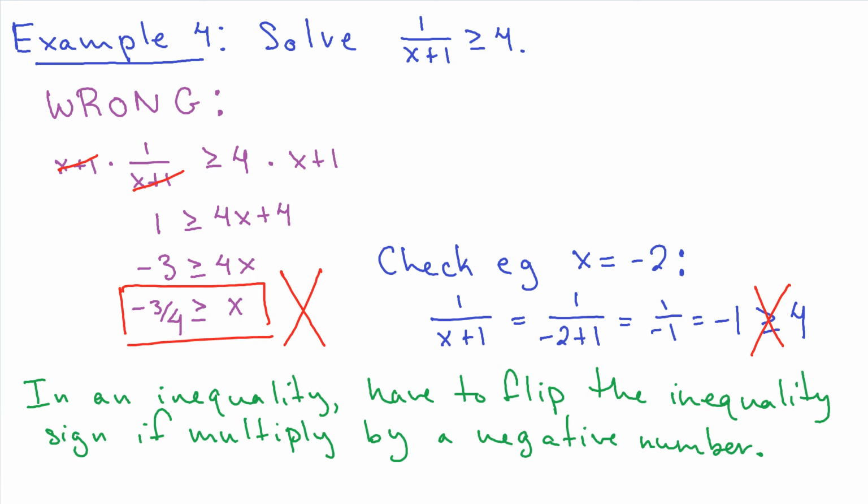And right here, in this step, we're multiplying by x plus 1. And remember, this is a real expression. This stands for a real number. X could be anything, so x plus 1 may be positive, may be negative.